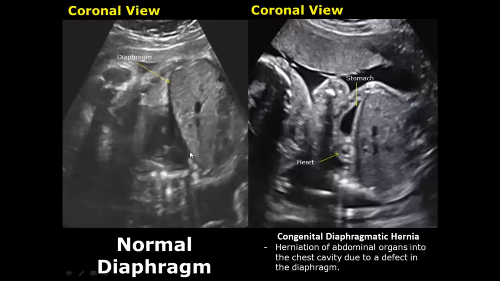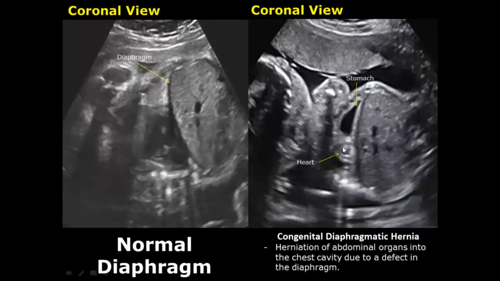In this coronal view, we see the lungs and the heart above the diaphragm, whereas in a congenital diaphragmatic hernia, there is a defect in the diaphragm which will lead to herniation of abdominal contents into the thorax, such as the stomach. Here we can see the stomach is in the thoracic cavity. The stomach will appear as a cystic structure because it is fluid filled, so it is anechoic.